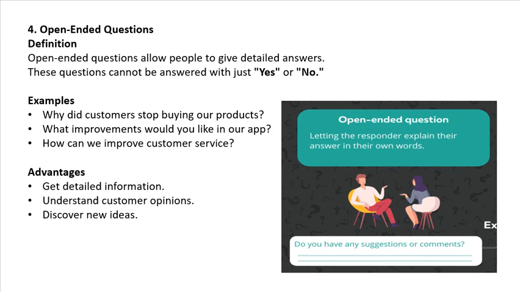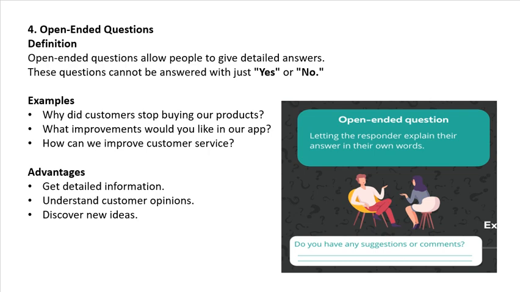Fourth is open-ended questions. Open-ended questions allow people to give a detailed answer, and cannot be answered with just yes or no. Examples: why did the customers stop buying our products, what improvements would you like in our app, and how can we improve customer service.